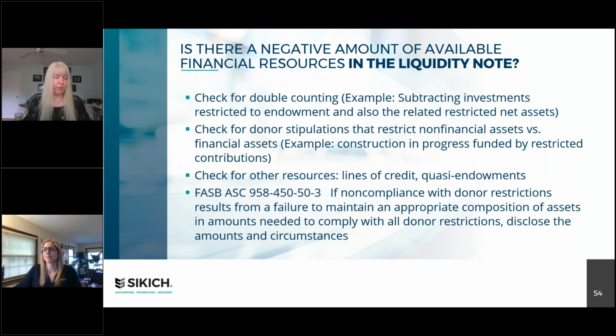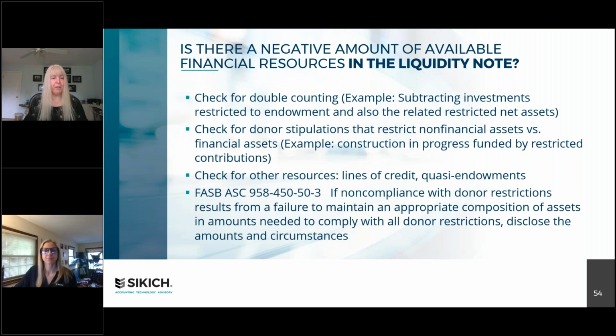Check for other resources that the not-for-profit might have. Are there available lines of credit or quasi-endowments that the not-for-profit could use to satisfy its liquidity needs? And then if you go through all of that and the not-for-profit still does not have enough liquid resources to satisfy expenses in the next year, you need to determine if the not-for-profit has maintained enough assets to comply with all of its donor restrictions.